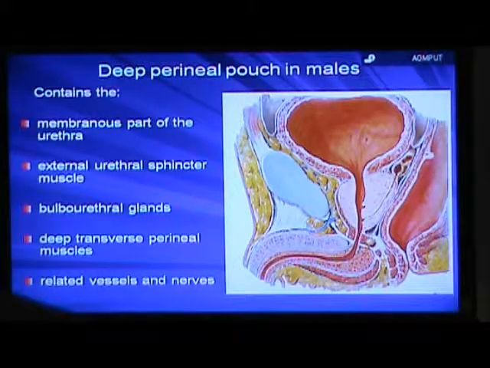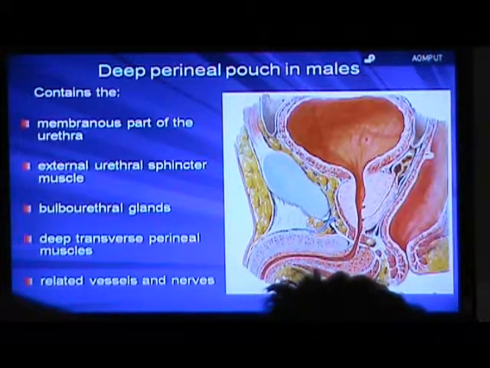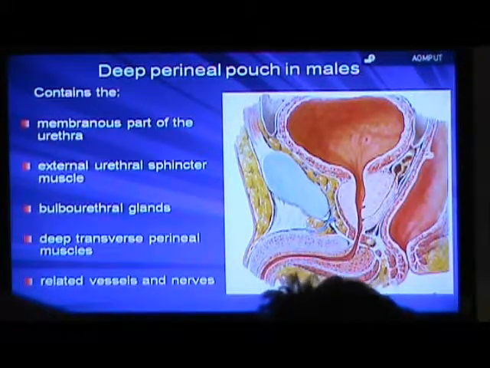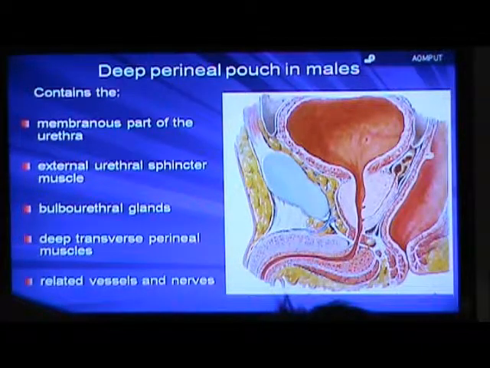We remember that behind this membranous part of the urethra are located the bulbourethral glands. Of course, here are the deep transverse perineal muscles on both sides, and the related vessels and nerves.